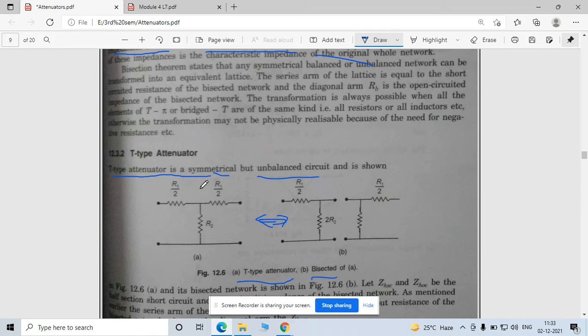By taking a mirror image of it. Divide this circuit into two sections. So both are equal. This is your 2R2, so it is just like a mirror image, right? So by dividing your circuit into the symmetrical balanced form, you can realize this circuit with a lattice network, right?